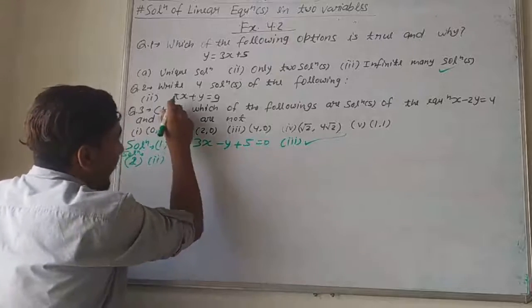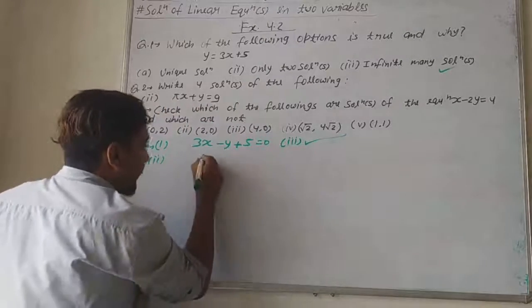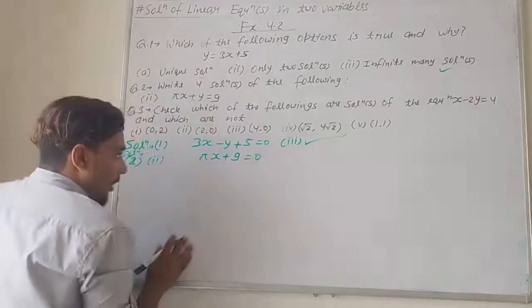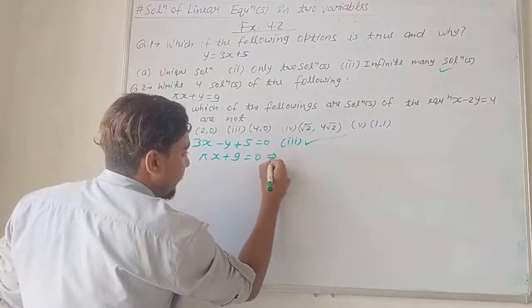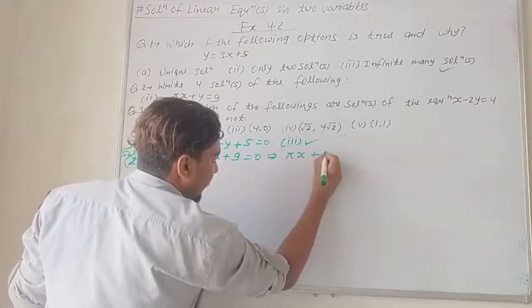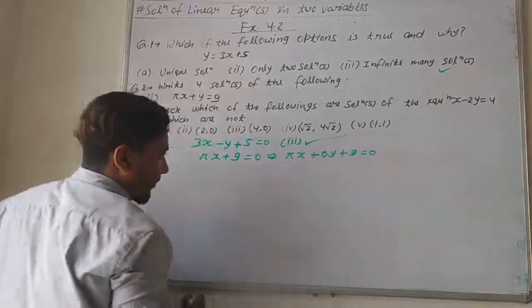We have to find four solutions of the given equation. What do we do? First of all, we write it in two variables. It looks like it is in one variable, but we write it as pi x plus 0 into y plus 9 equal to 0.